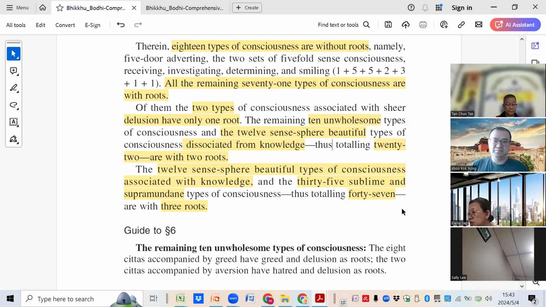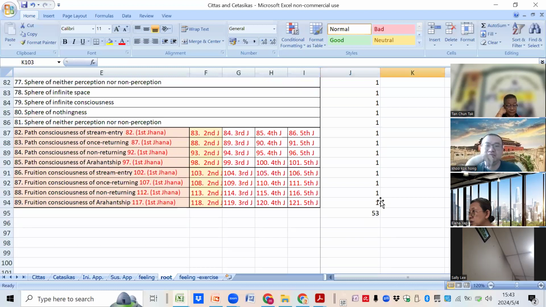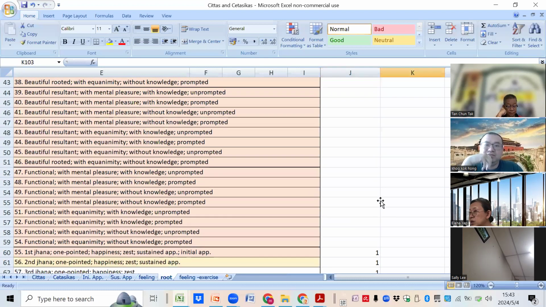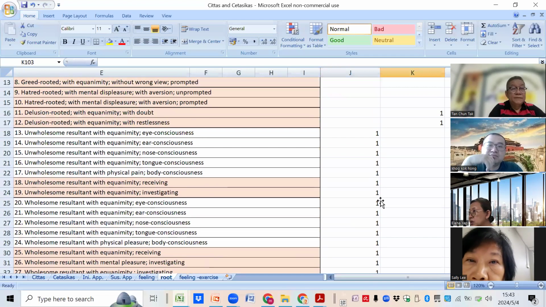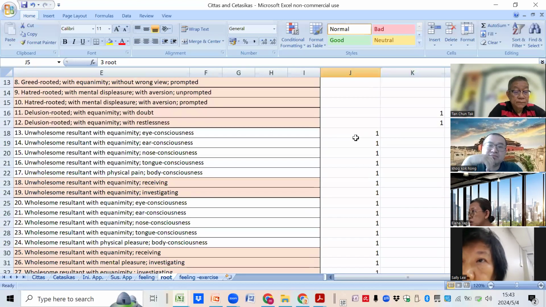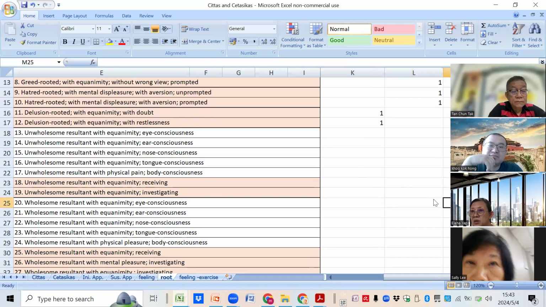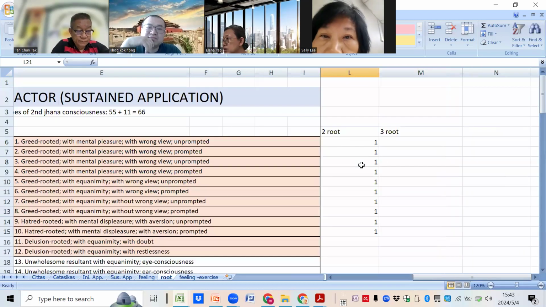Okay, let's try to find out. How come 47? Meaning to say we have some additional ones. Let's try to check it out, because just now I was already confused. Let's see. Oh, okay, I know why. Because the rootless are here. I think I'm confused using the spreadsheet.